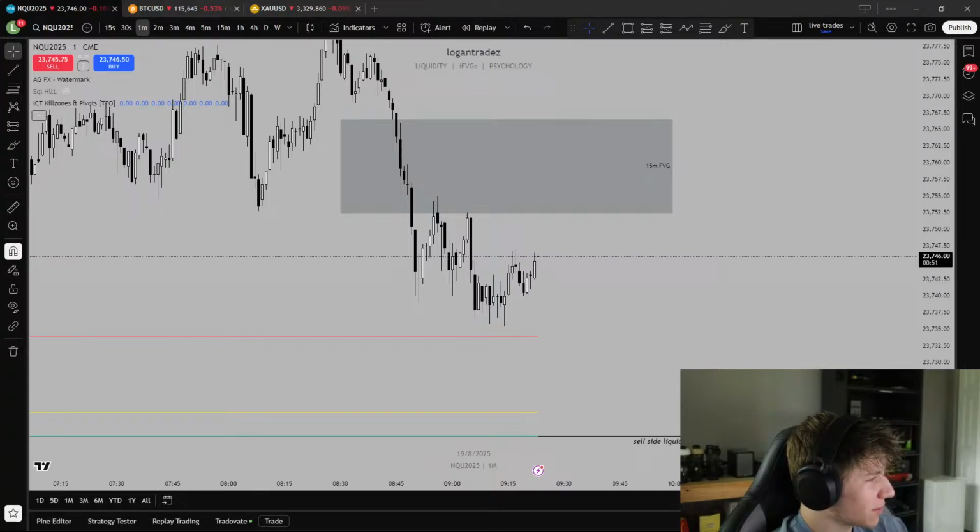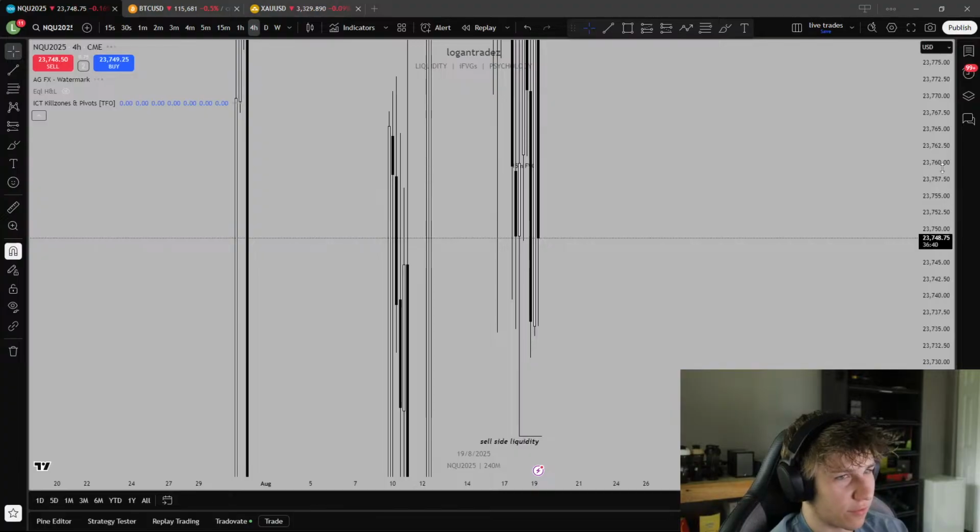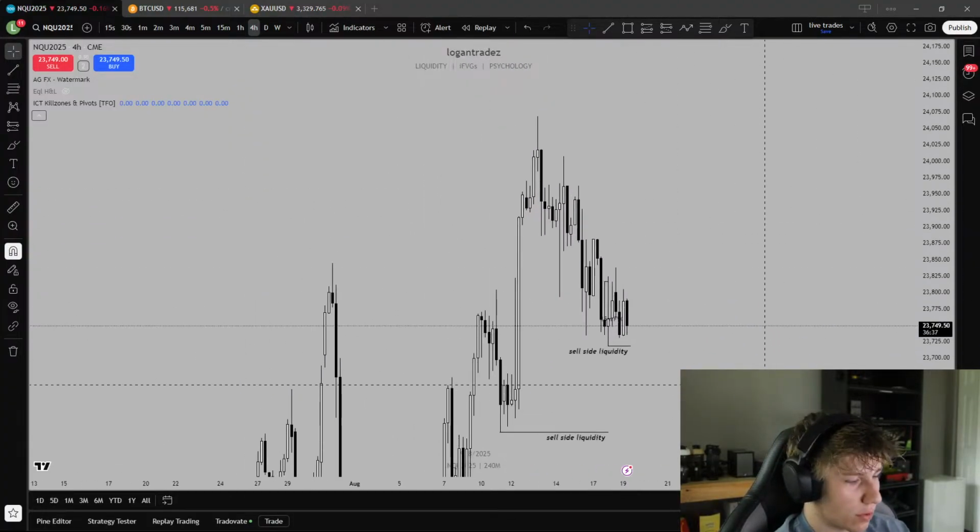They just look ugly though. They just look ugly, bro. You think that would take sell side previous day low before looking for reversal? I'm not sure about reversals, bro. We don't have any gaps here.